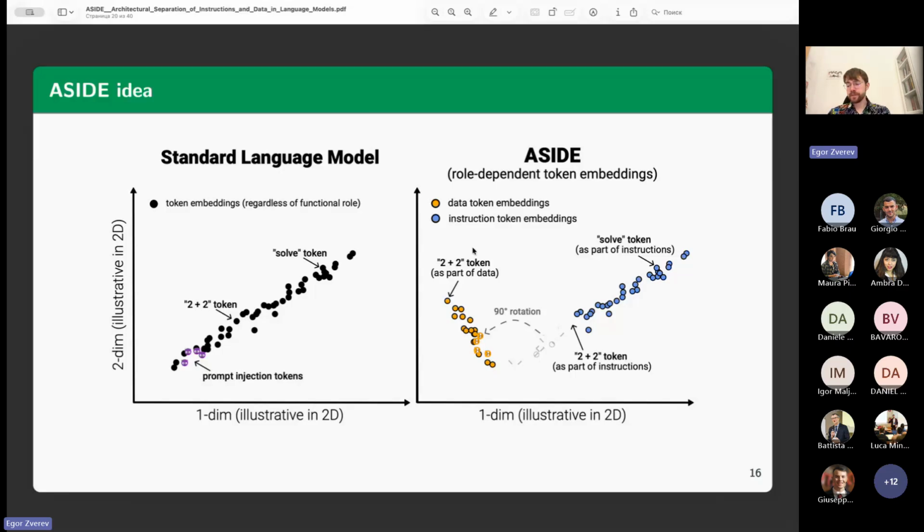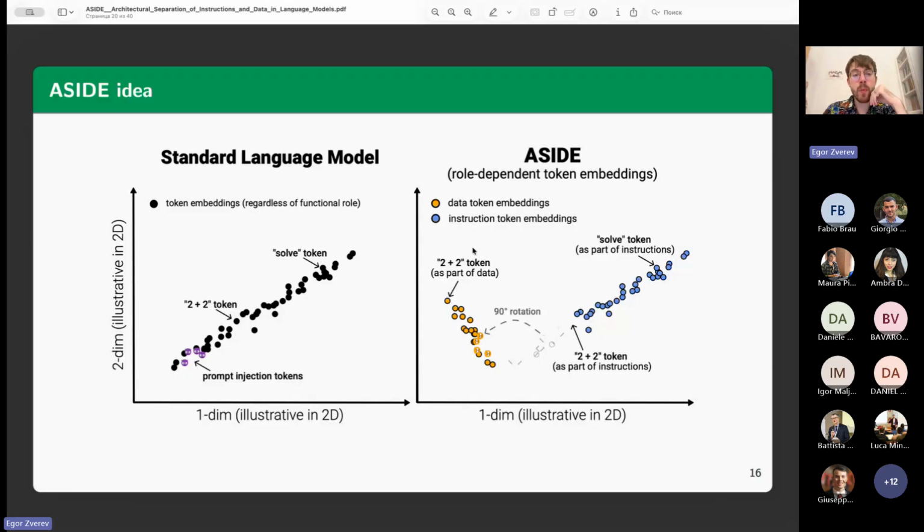So what does it mean? That basically means that at the level of the model embedding, I will have two orthogonal subspaces. One of them is for when I mark a token as a control token, as an instruction, and one of them is for when I mark the token as data. So for instance, here you have an illustrative example where, let's say, model embeddings are two-dimensional.